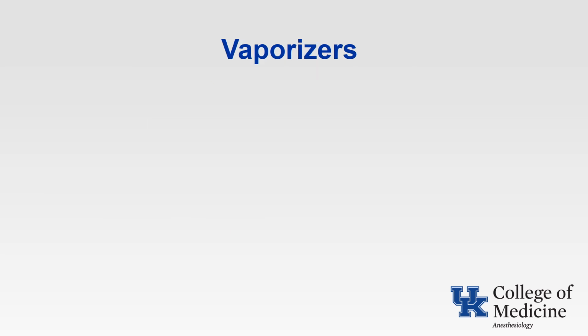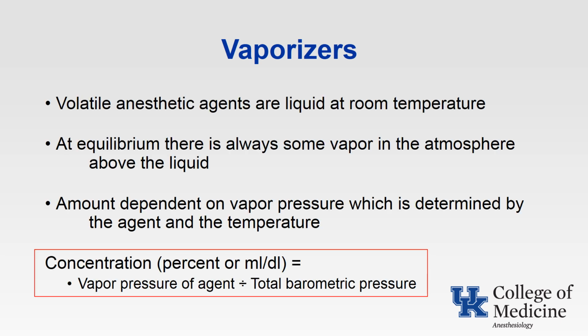Let me then turn to vaporizers. Volatile anesthetics are liquid at room temperature. At equilibrium, there is always some vapor in the atmosphere above the liquid. The amount is dependent on the vapor pressure, which is determined by the agent and the temperature.